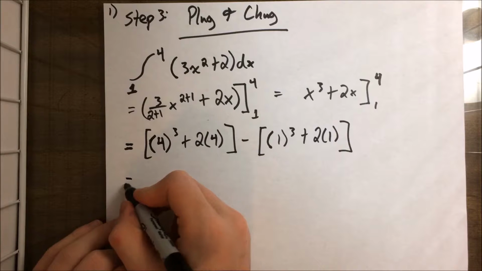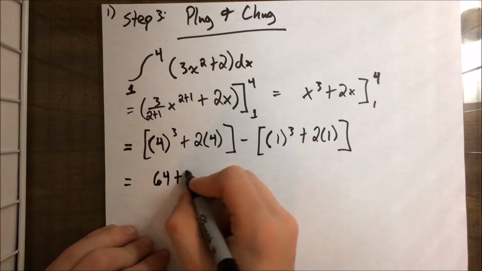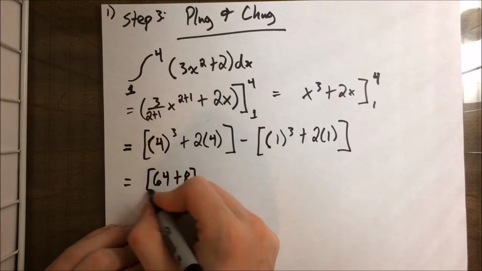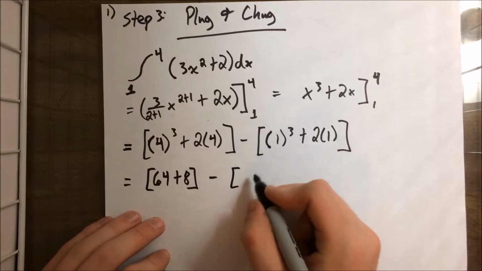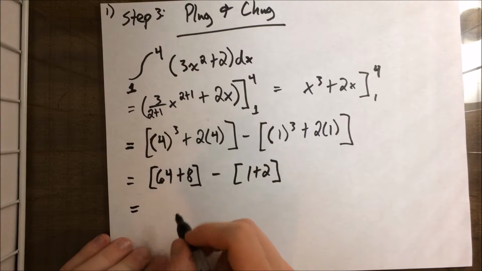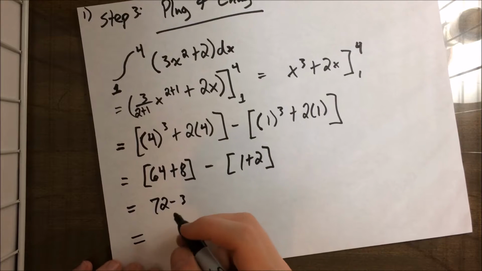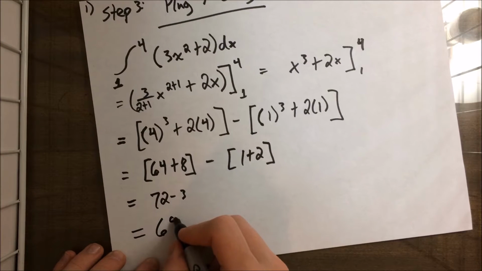Okay, so now let's simplify. So we have 64 plus 8 minus 1 plus 2. And then we're going to get 72 minus 3, which is equal to 69.